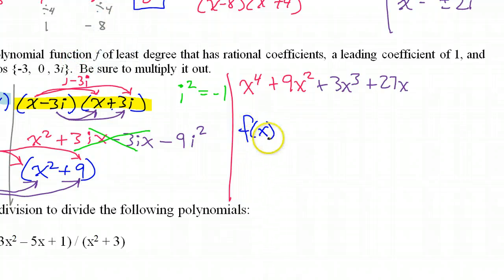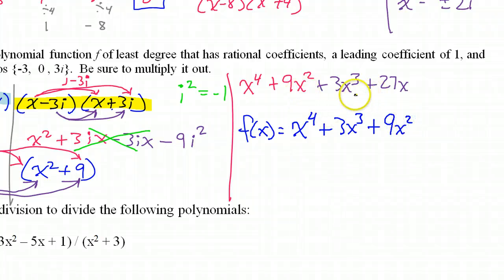So I've got f of x equals, in descending exponent order, x to the 4th power, and then plus 3x to the 3rd power, then plus 9x squared, okay, and then plus 27x.